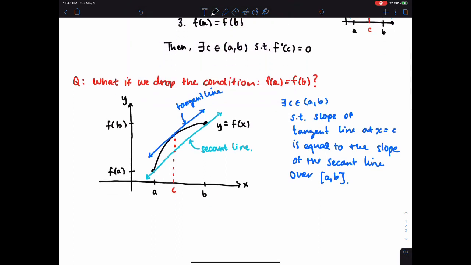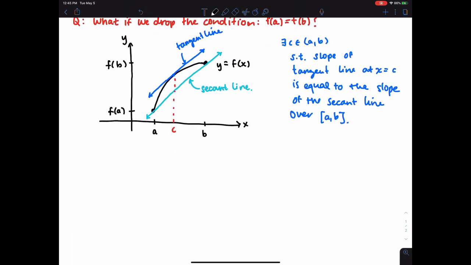So if we write this out as a theorem, it's the mean value theorem.